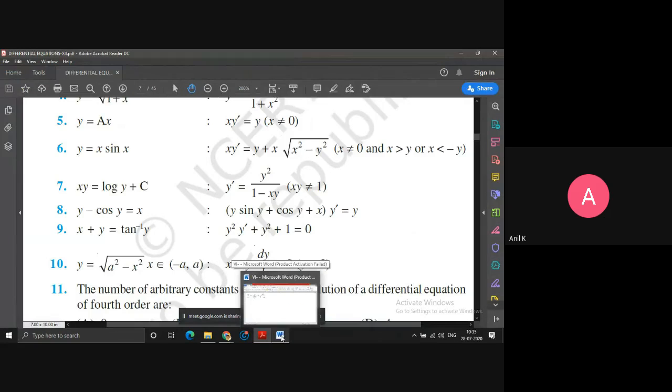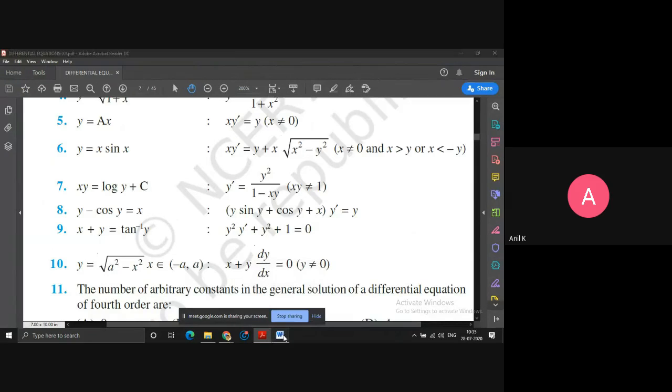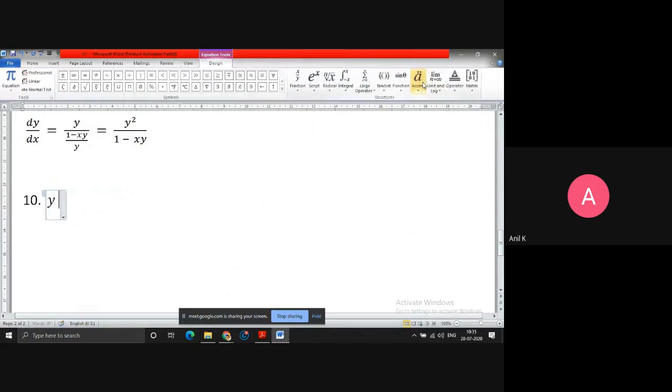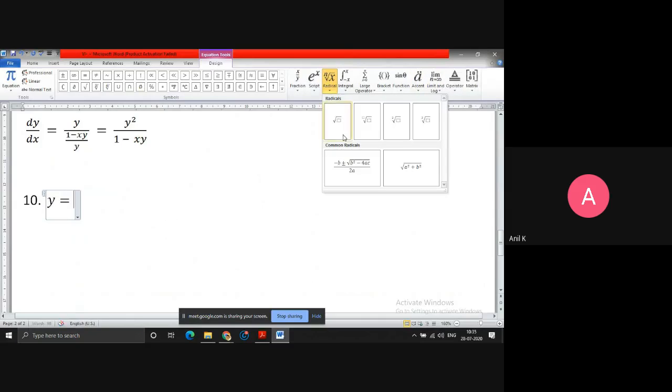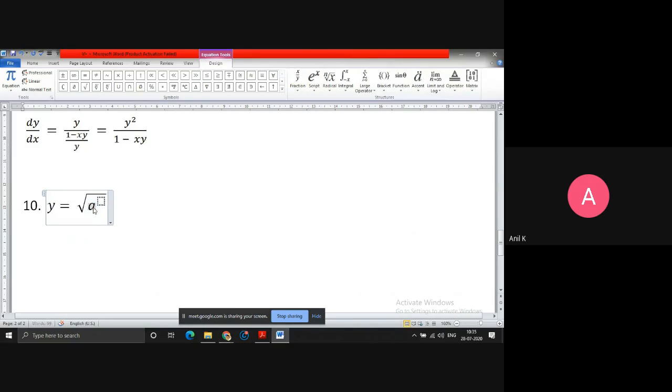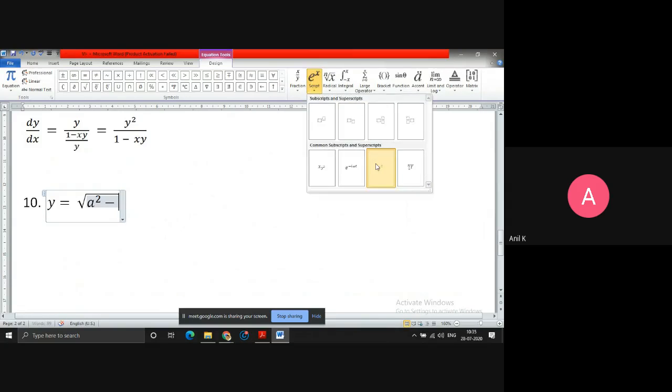I think in 2-3 steps you'll get y equals under root a square minus x square. Y equals under root a square minus x square.